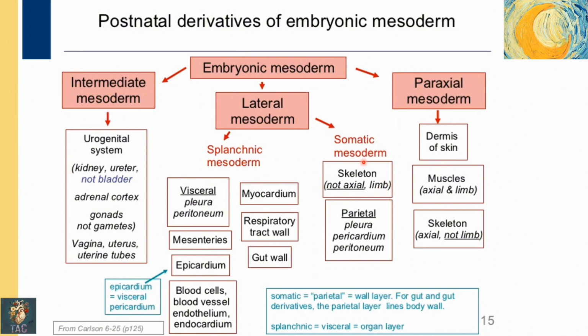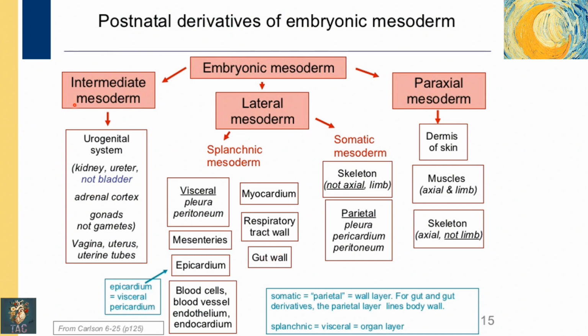Somatic mesoderm will form the skeleton, that is the limb, not the axial, and the parietal layer forming the pleura, pericardium and the peritoneum. Similarly, the splanchnic mesoderm differentiates into visceral pleura, the mesenteries, the epicardium, the visceral blood vessels, endothelium, myocardium, the respiratory tract, and the gut musculature.